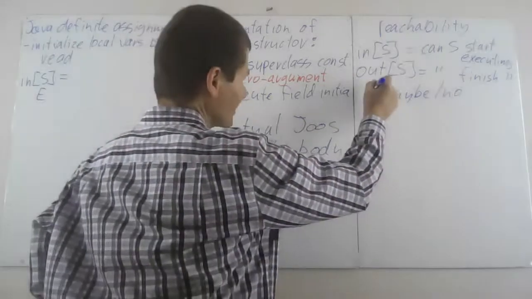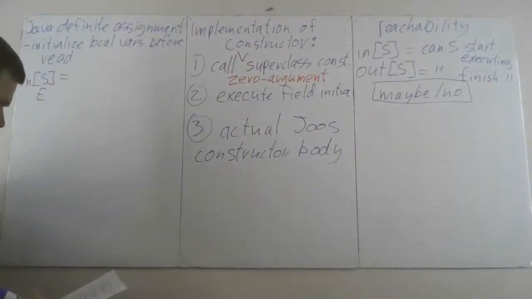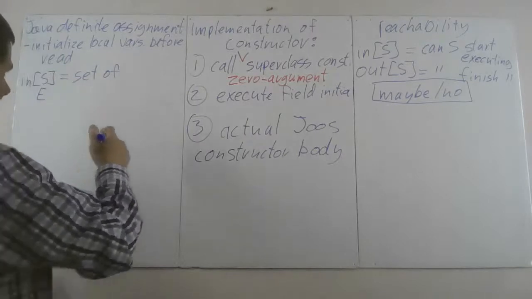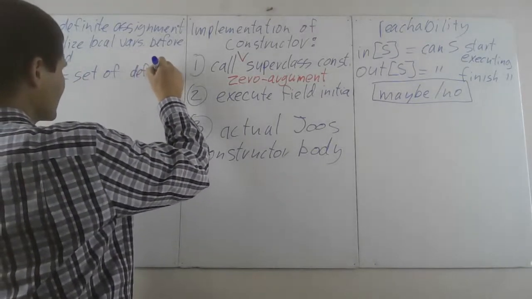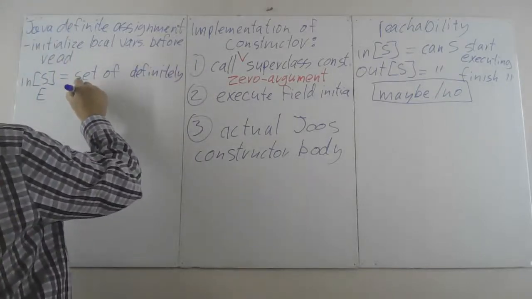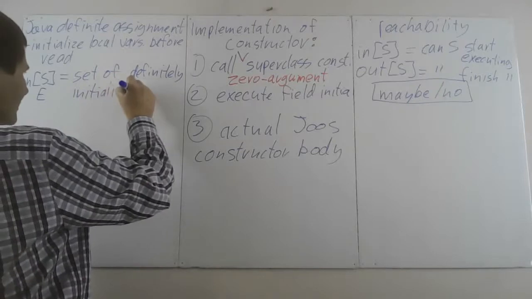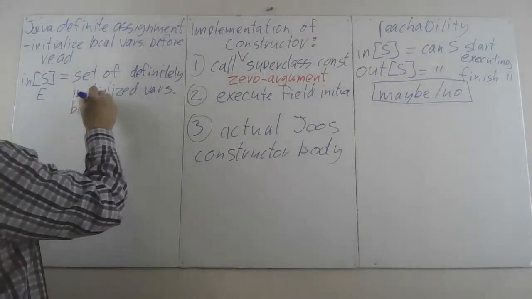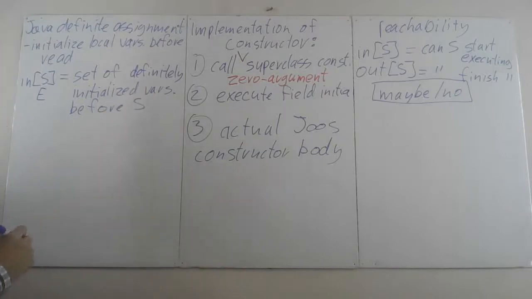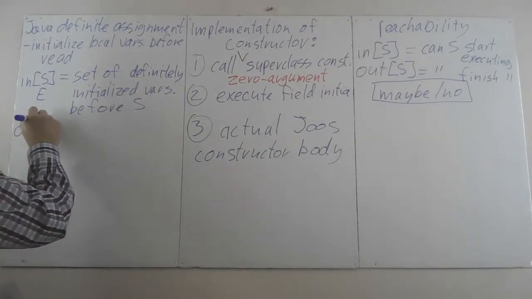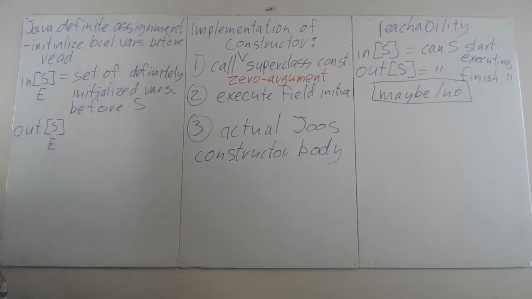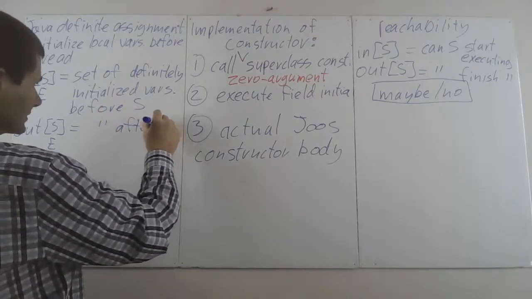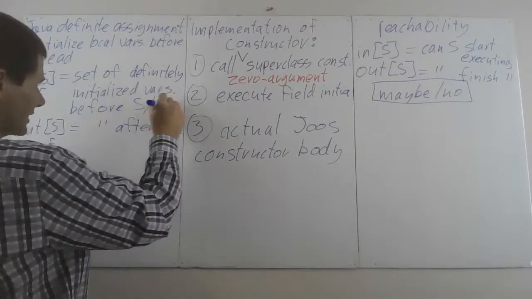And then the values are going to be no longer just maybe or no, but each value is going to be a set of definitely initialized variables, and I'm going to say before S executes, and then similarly, out of S or out of E is going to be the same thing after S. And I guess I should say S/E.